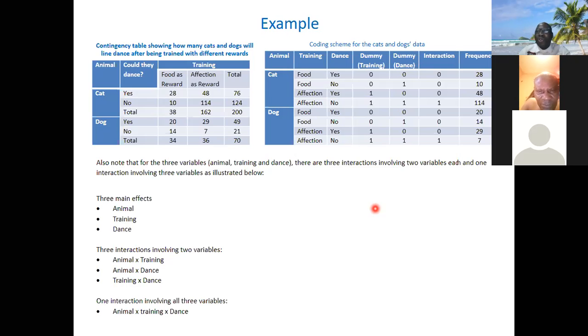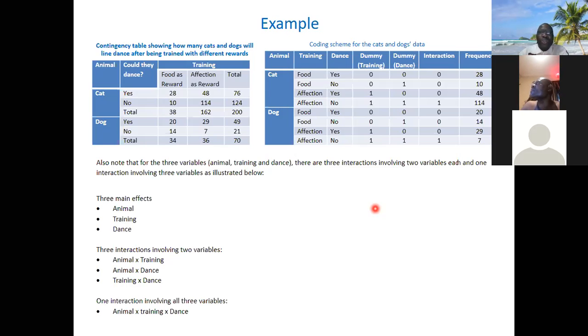If you have two categories, you create one dummy for two, and in all these cases there are two categories: the animal is either dog or cat, the outcome is either dance or non-dance, and the other one is either affection or food, the motivator.